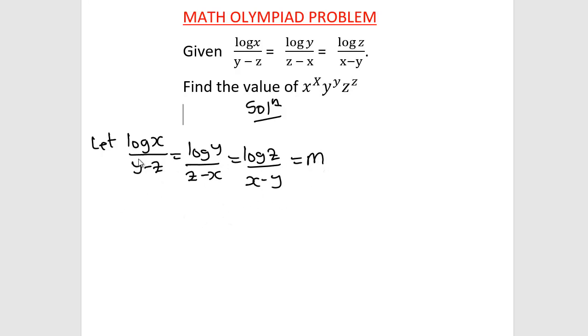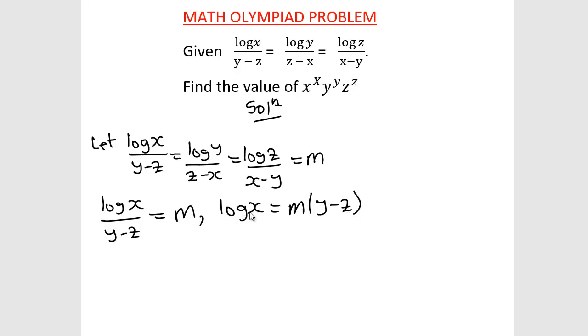So let's start with the first term. We are going to have log of x over y minus z equal to m. Now we multiply through by the denominator so that the fraction will go away. So we have x log of x is equal to m into y minus z.